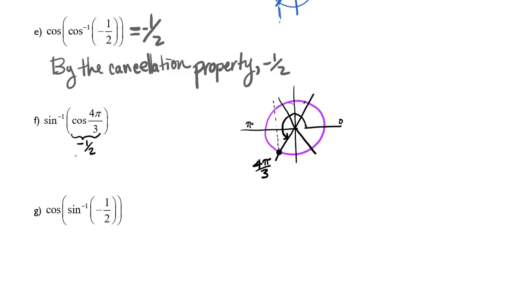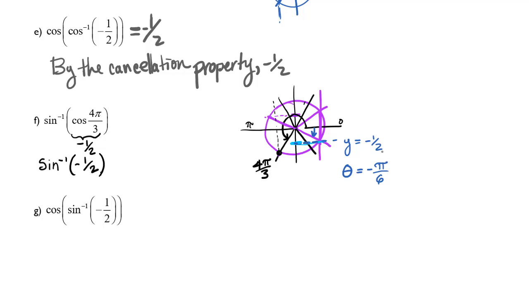So now I need to take that value and put it into my sine inverse. Once I've figured out that I need a value of y equals negative 1/2, I can then determine the angle off of 0 in the clockwise direction, which will give me an angle equal to negative pi over 6.